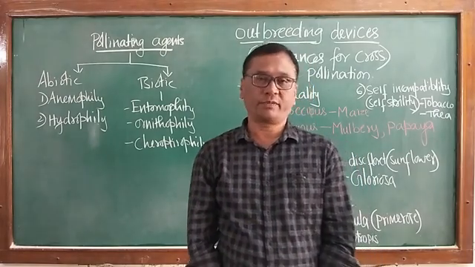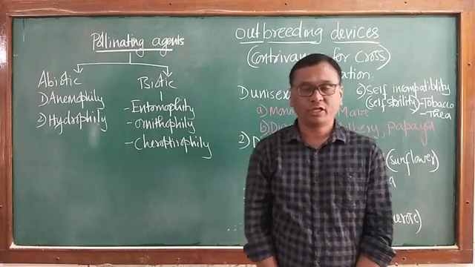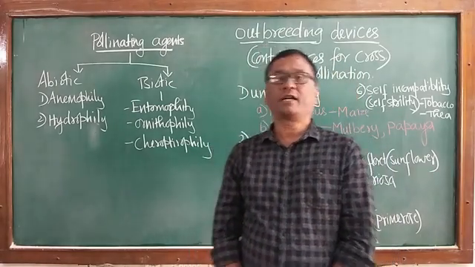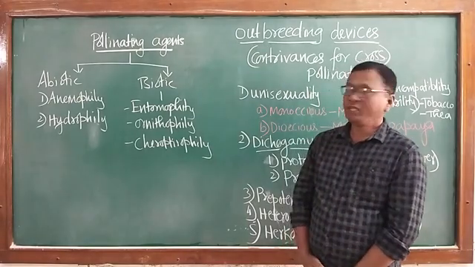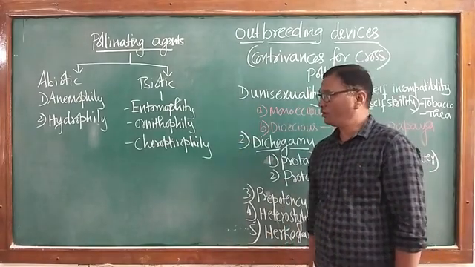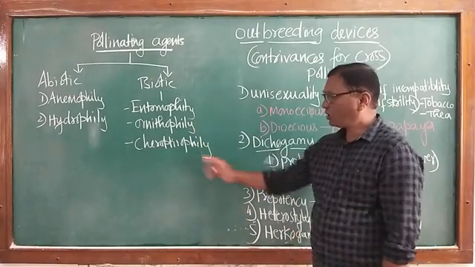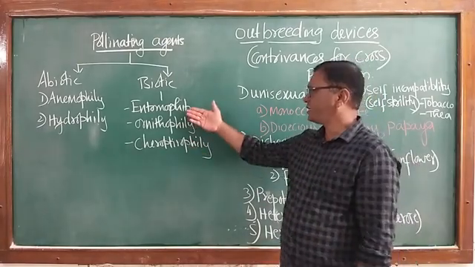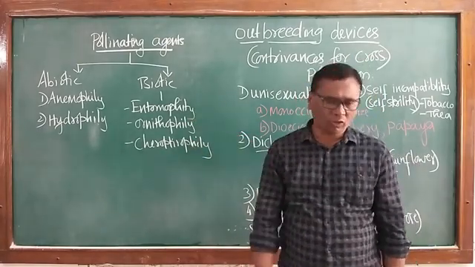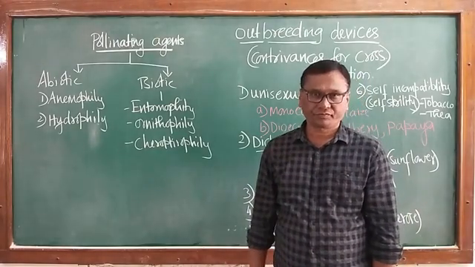When living organisms bring about the process of pollination, these are the biotic agents for pollination. In that, first one, Entomophilia, second, Ornithophilia, and the third is Chiropterophily. We have also discussed Entomophilia in detail in the last class.